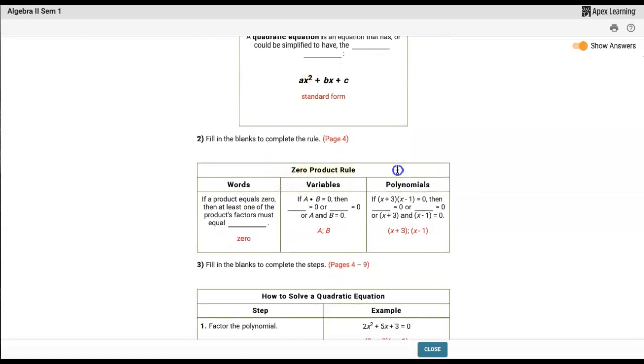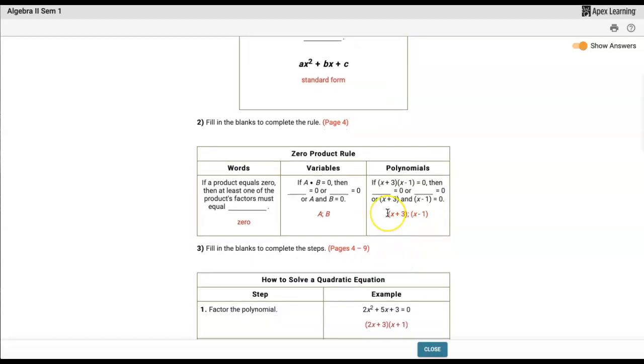All right. The zero product rule, showing you in 3 different ways, in words and variables and in polynomial examples, okay? So first off, basically it's saying in words, if 2 things multiplied together equals 0, at least one of them has to equal 0. Or if I have a times b equals 0, then either a is 0, b is 0, or both a and b are 0.